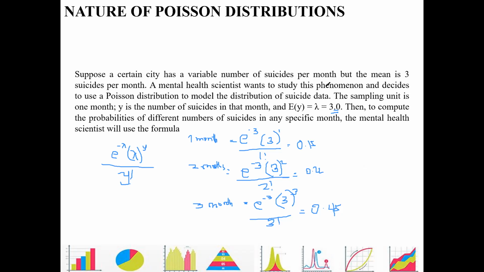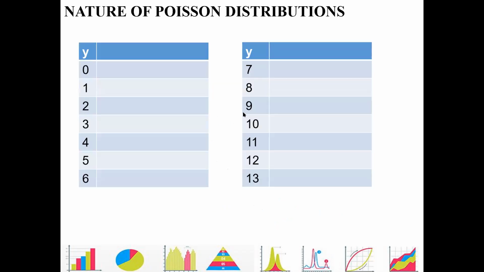So, looking at the table, you find ano yung magiging probability in every month. If in 0 month, ano yung probability? Dito sa 1, na-compute na natin, that is 0.15. For 2 is 0.22. For 3 is something.